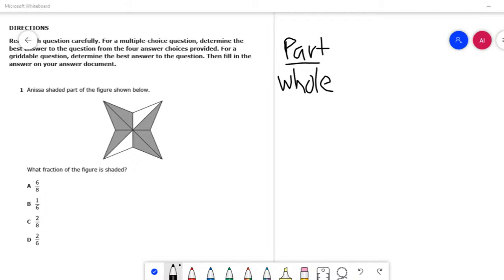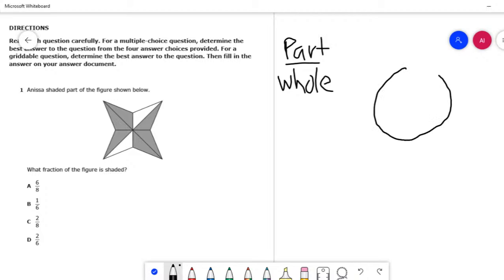Now, what does a part over a whole mean? Pretty much, it's when we have one whole and we split it up into equal parts, and we're identifying how many parts of the whole are shaded. So let me just draw an example. Let's say we have a circular pizza here.